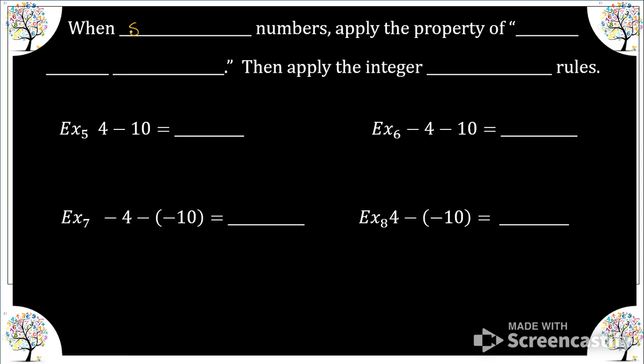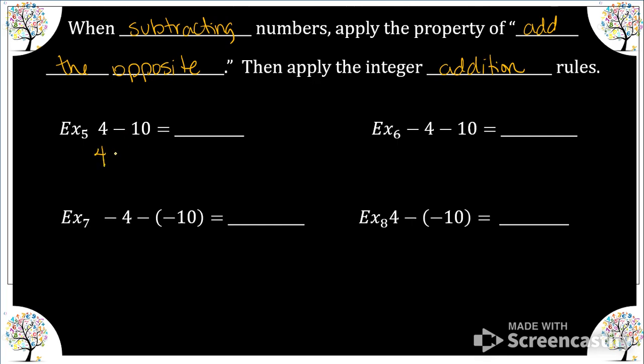When we are subtracting numbers, so if we have subtracting problems like we do down here, remember we're going to apply the property of add the opposite, or keep, change, change. Then once we do keep, change, change, we will go back and apply the integer addition rule. So it always goes back to the addition rules.